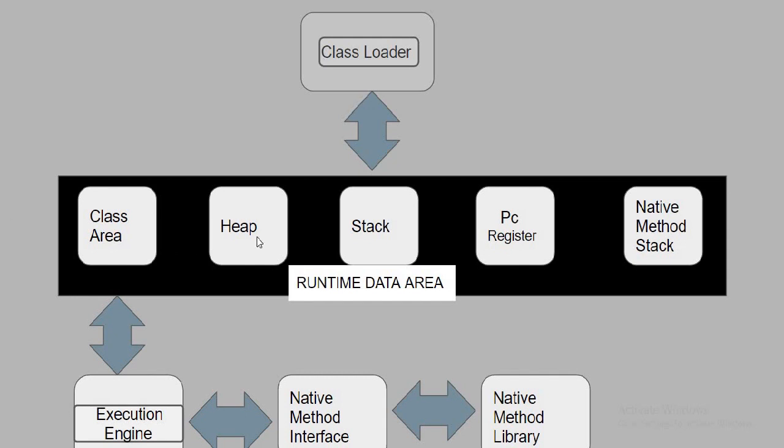Then there is the runtime data area, whose main purpose is memory allocation, and the execution engine, which will execute the Java code. Now I will explain every component in detail. Let's start with the class loader.